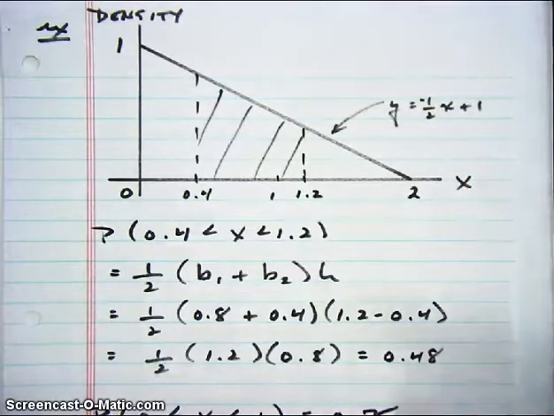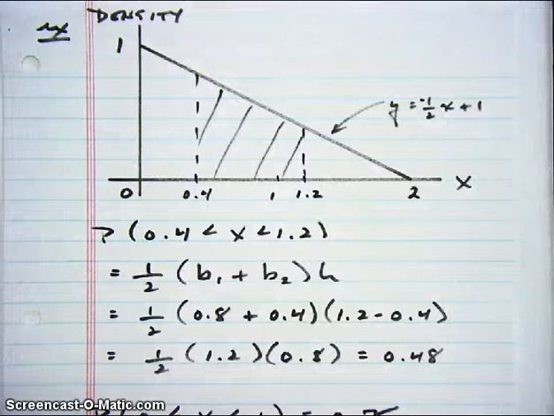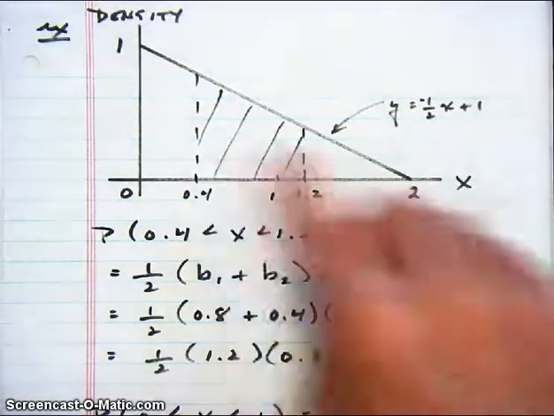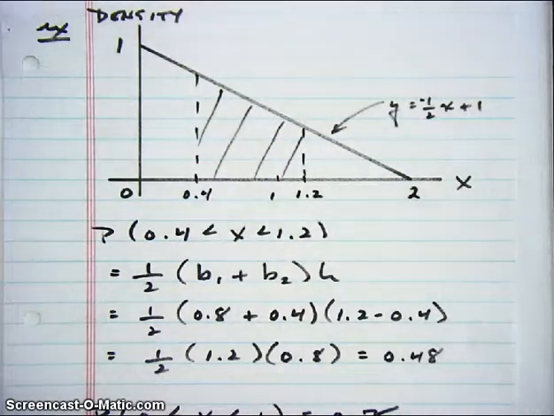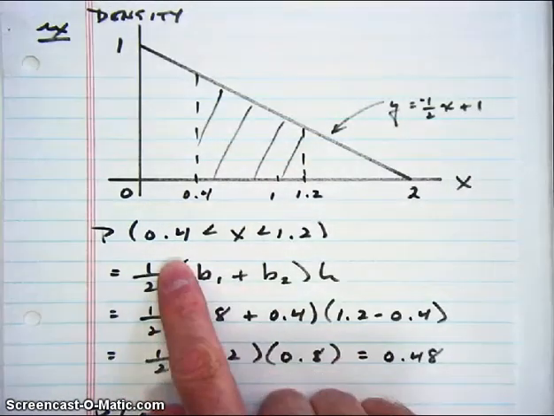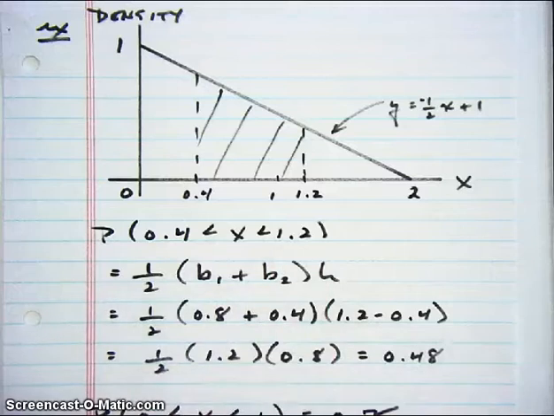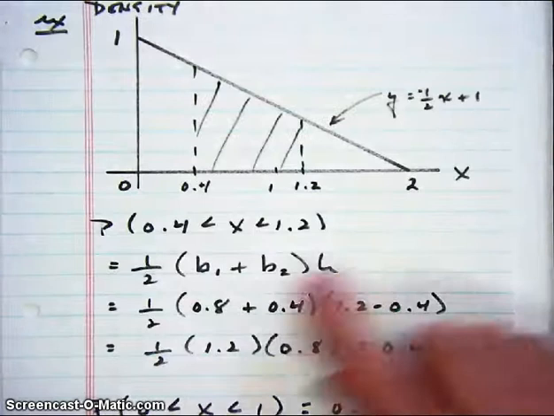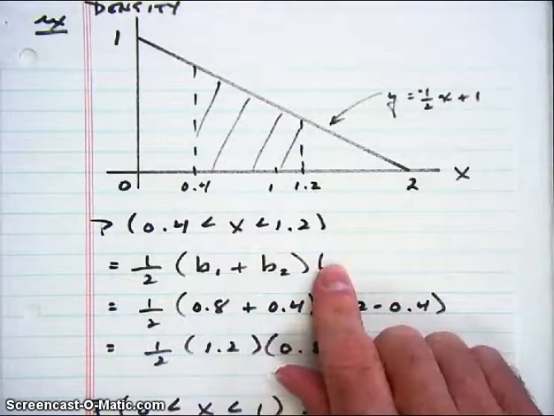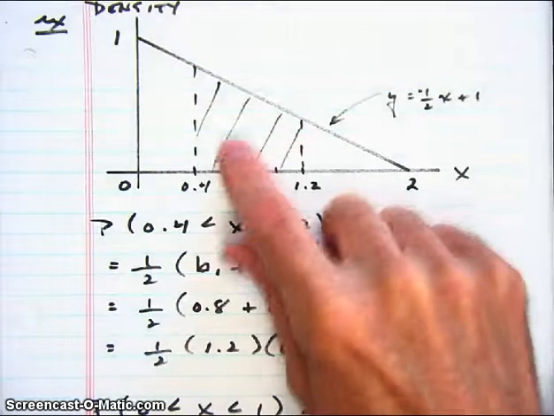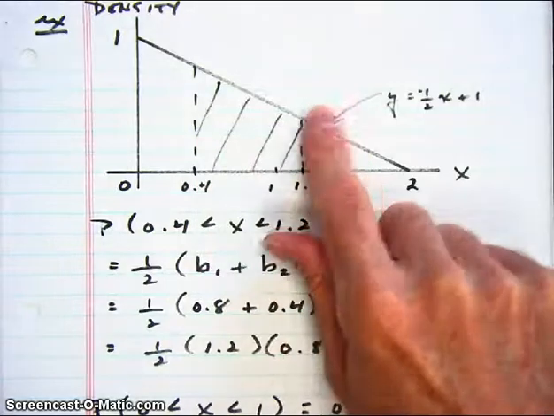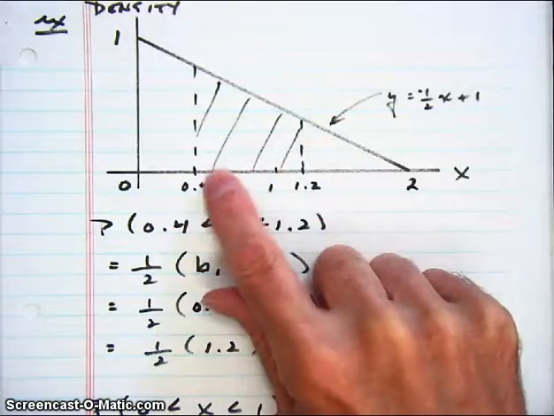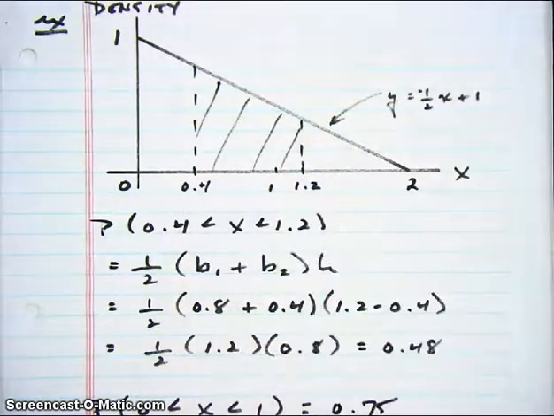If you want to find the area between any two values under this curve, it's basically a trapezoid, and you use what you know about the area of a trapezoid. For instance, if you want to know the proportion of x values that fall between 0.4 and 1.2, you can just use the trapezoid area formula: 1/2 the sum of the bases times the height. Here the bases are here and here, and the height is the distance between 0.4 and 1.2.